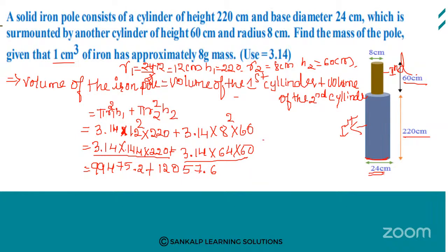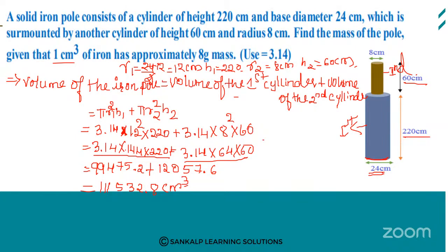Now, do the addition of these two values. Then you will get 111,532.8 centimeter cube. This is the volume of the iron pole.